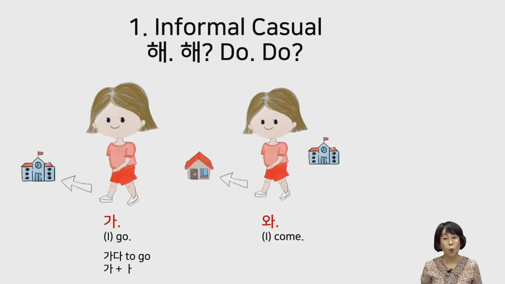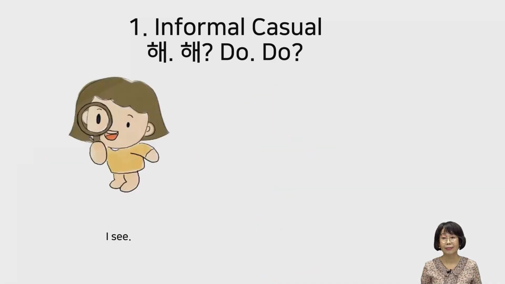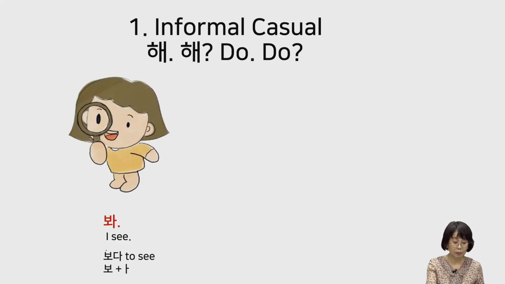I come, 와. 오다 is the base form, to come. 오 is the stem, 아 is the ending, so you get 와. I see, 봐. 보다, base form, to see. 보, word stem. The ending becomes 봐.